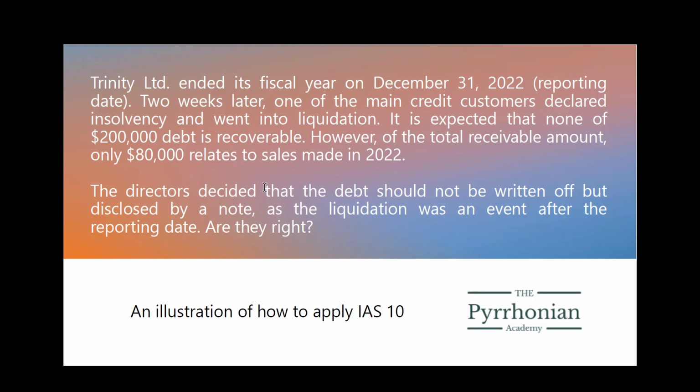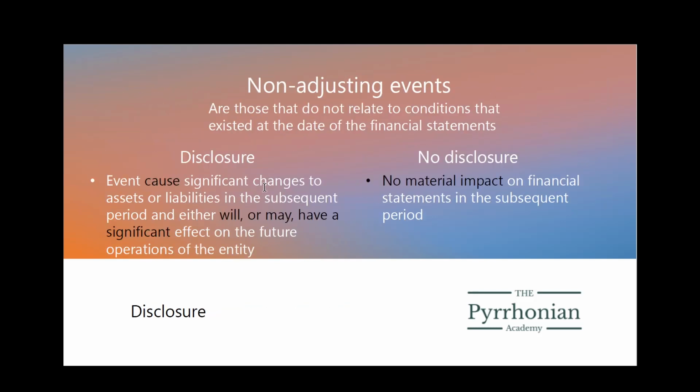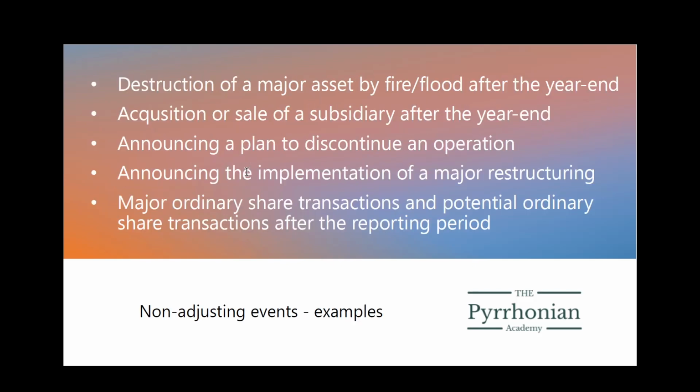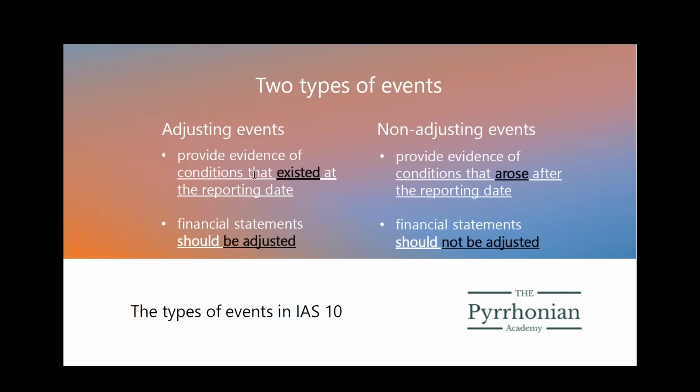Let's go back to the slide in which I described which events should be treated as adjusting events. Take a look at this. Adjusting events are those events that provide evidence of conditions that existed at the reporting date.